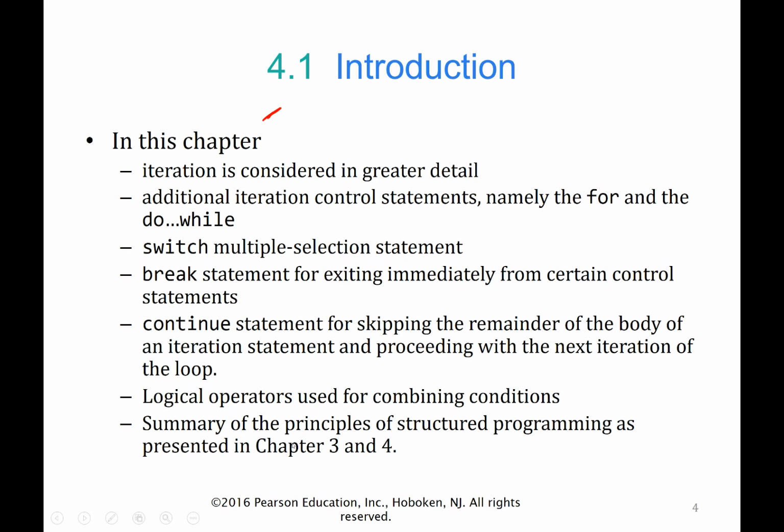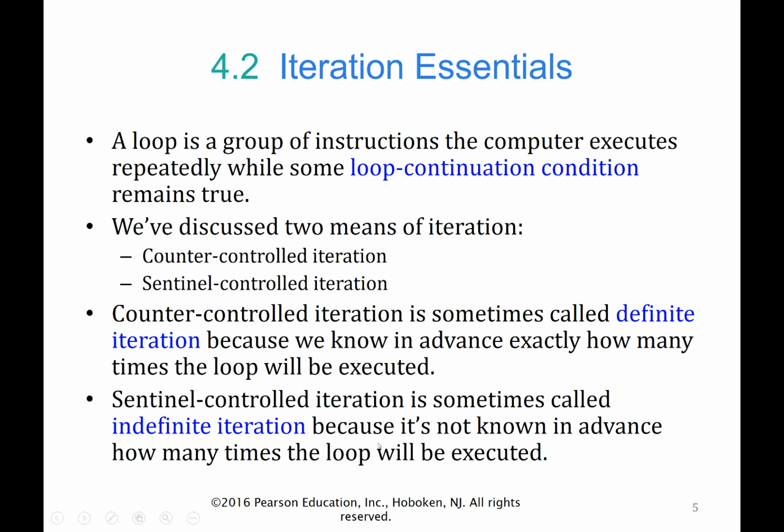Okay, and I'm going to repeat these. A loop is a set of instructions that we repeat over and over again. Some loops never terminate, or they terminate at the end of the day or the end of the business cycle or something like that.